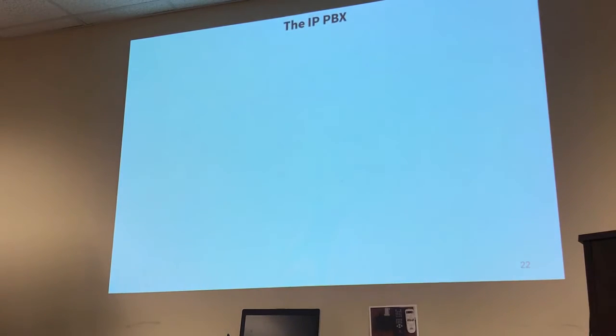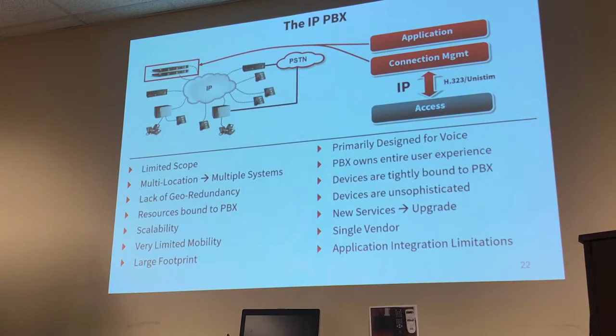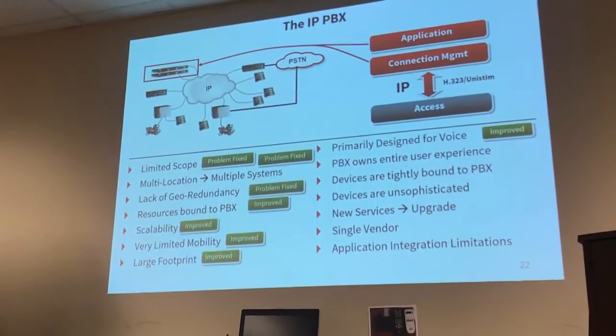You're going to see in the next page the IP PBX. The main difference with the IP PBX is that the access layer was detached from the connection layer, and now it communicates with it via IP. With that change, some of the problems were fixed. For example, if you wanted multiple locations, you didn't need multiple systems.